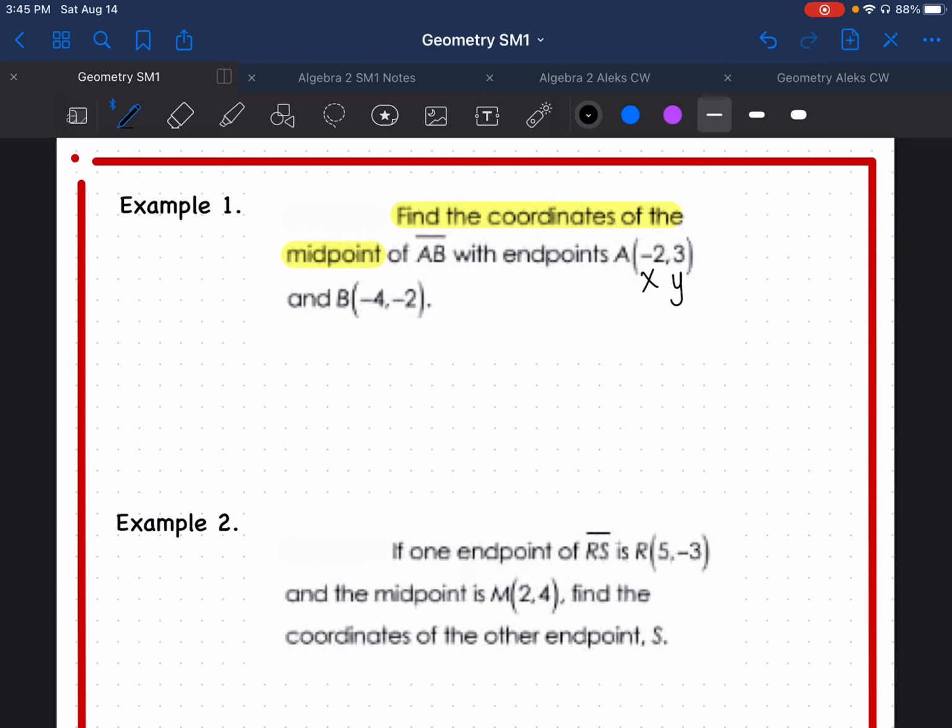So x comes before y, and it does that for both of your ordered pairs, both A and B. Now we're just going to call the first ones 1 and the second ones 2. My first point A, my second point B. That's all that x1, y1 means. That's all that x2, y2 means.